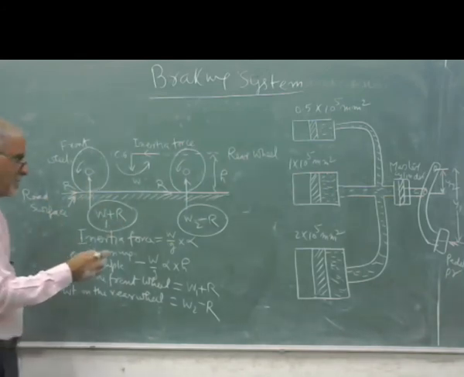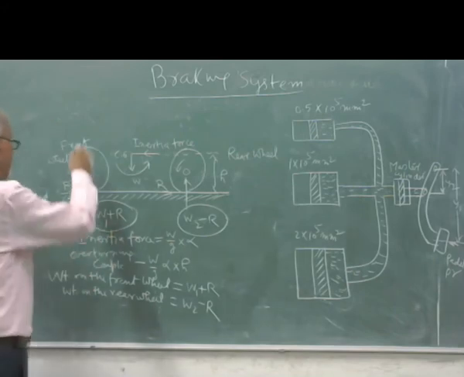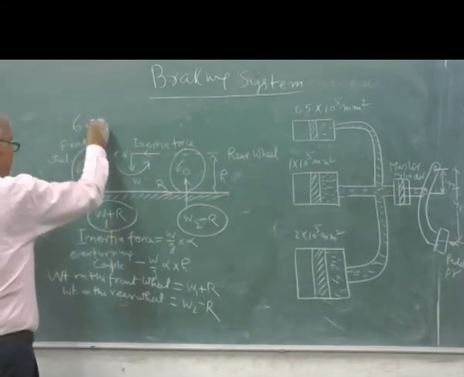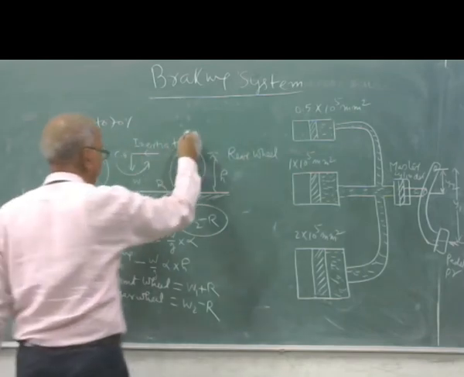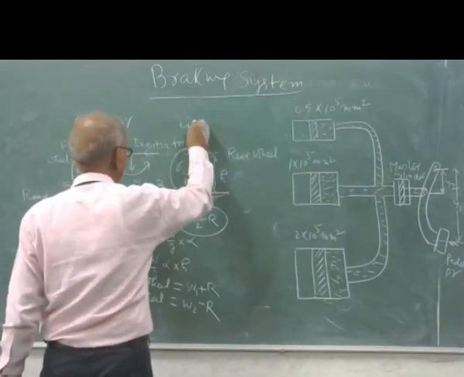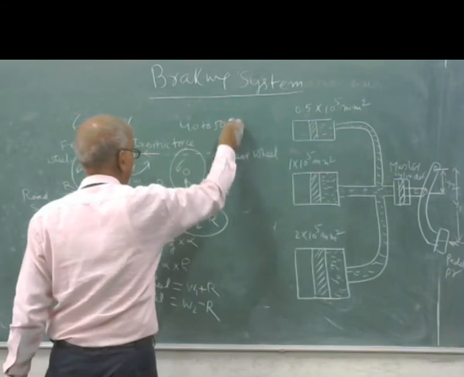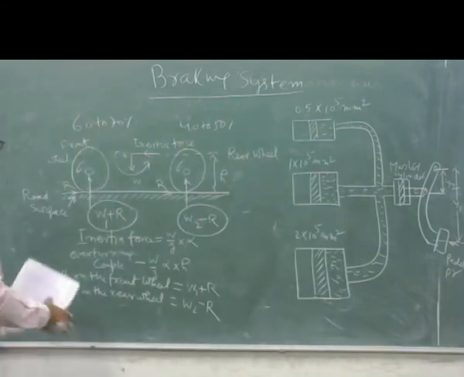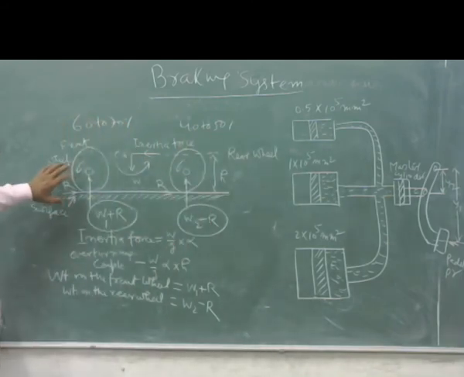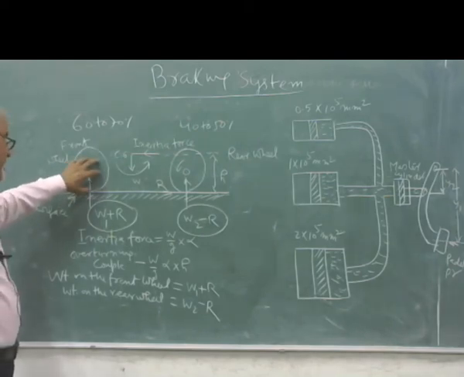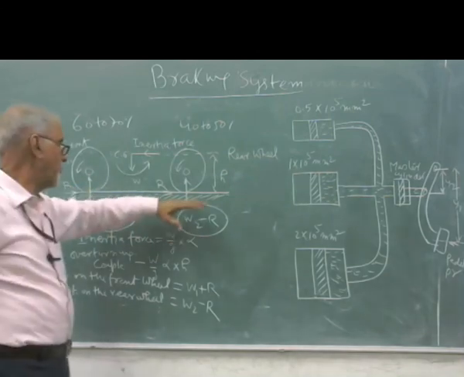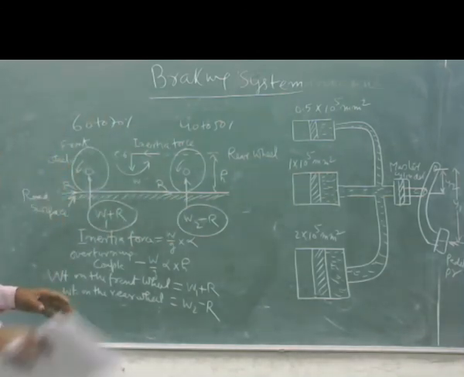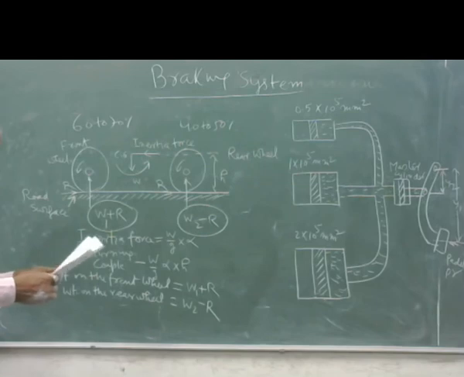Practically it has been observed that it should be 60 to 70% braking effort at the front versus 40 to 50% at the rear. Braking effort should be stronger at this side than on the rear wheel because of the weight transfer from the rear wheel to the front wheel.